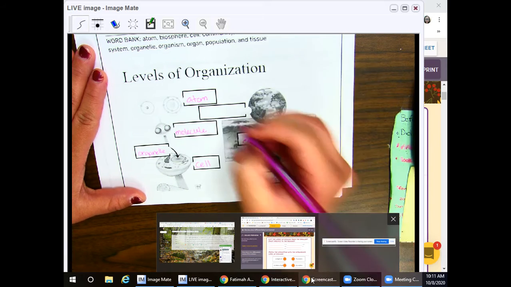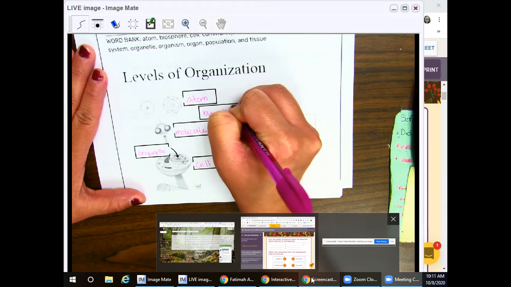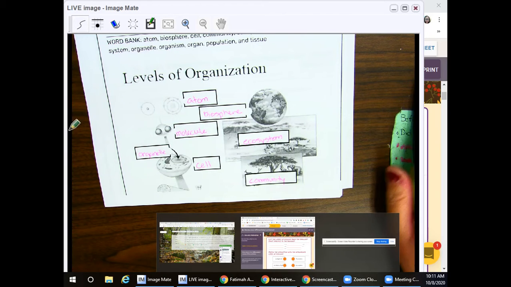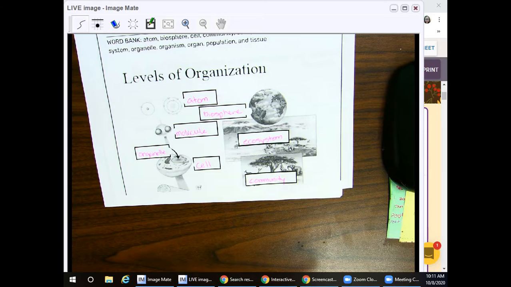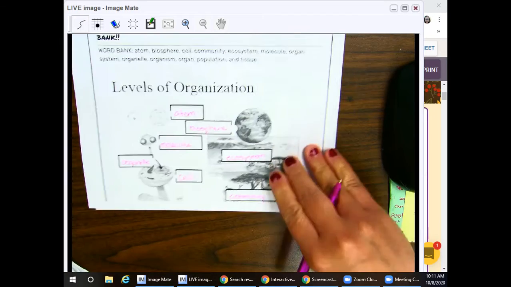And then finally, we have a biosphere. All right, let's keep going.